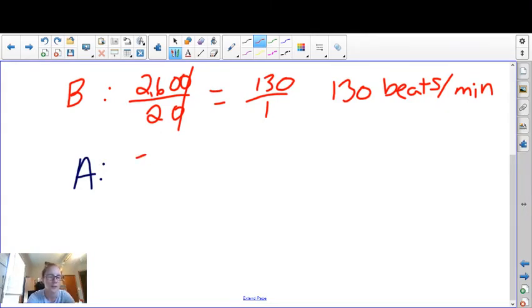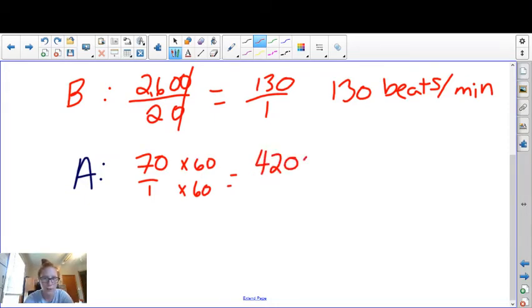So I'm going to take that 70 over 1 times 60 over 60. Oops, I need a 0 on that. 6 times 7 is 42. And then I have 2 zeros. And then 60 times 1 is just 60. So I can get 4,200 beats in a minute, or 60 minutes, or per hour.